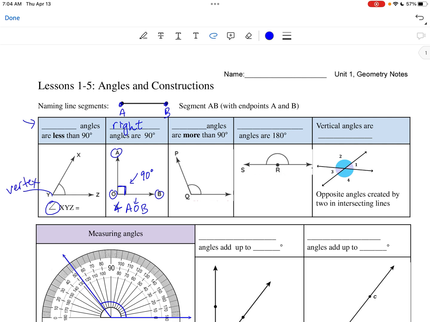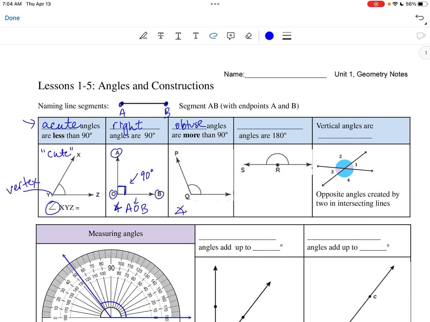That's the vertex. Okay, and angles that are smaller than 90 degrees are called acute angles. And I like to remember them because they're little and they're cute. They're small angles. Angles that are more than 90 degrees are called obtuse.